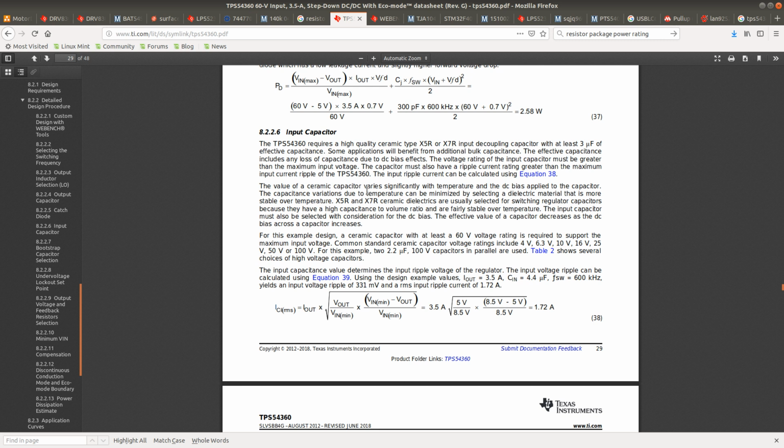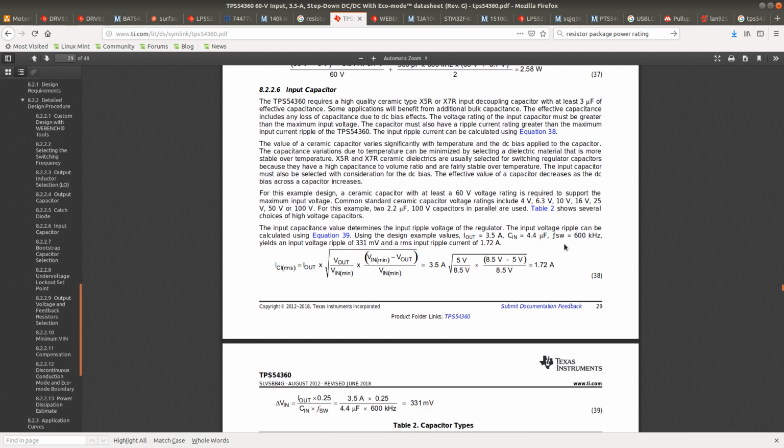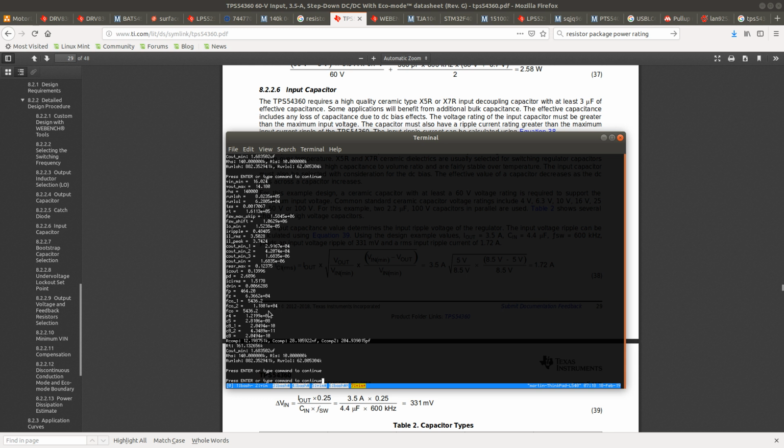For example, for this example design, ceramic capacitor with at least 60 volt voltage rating is required to support the maximum input voltage. So 2.2 microfarads.